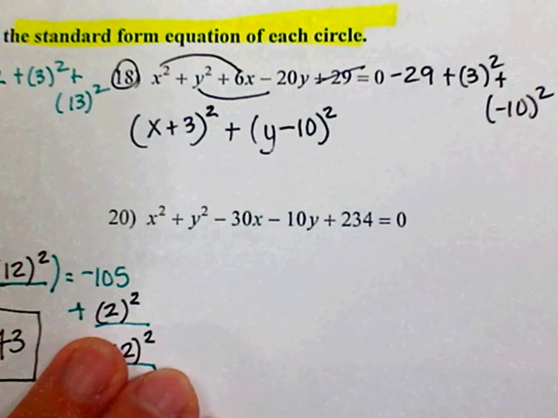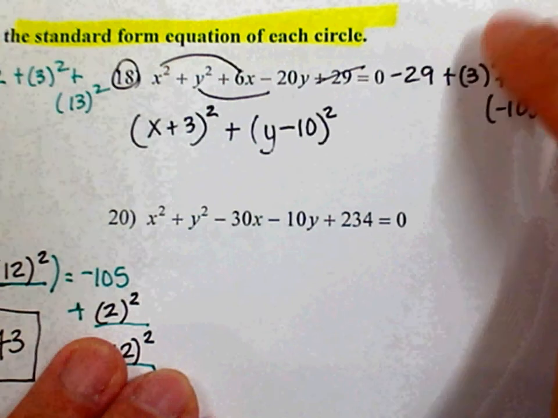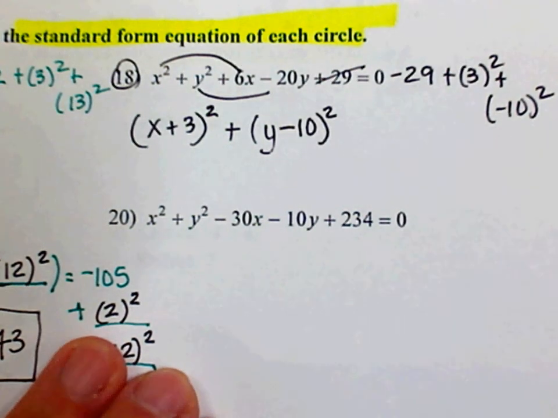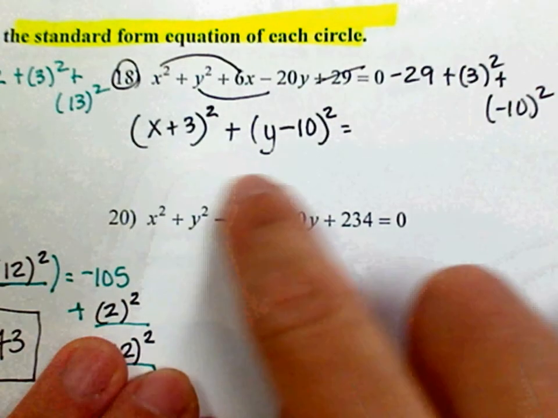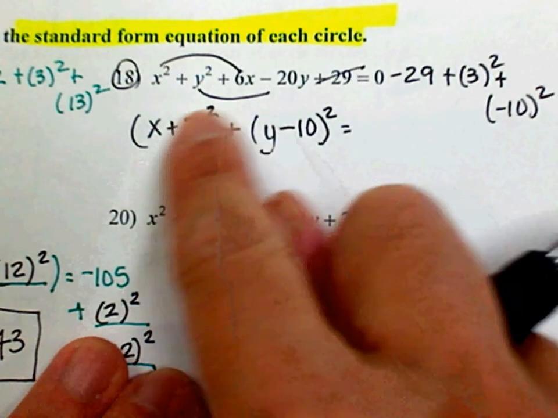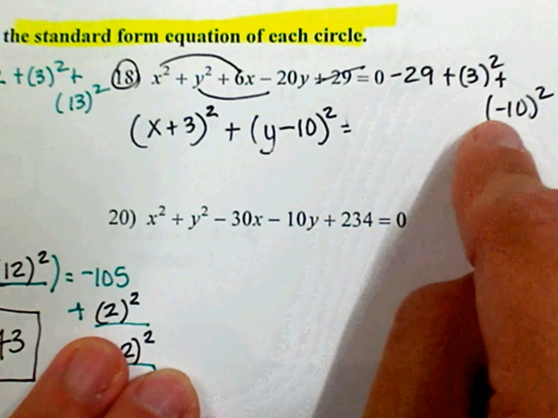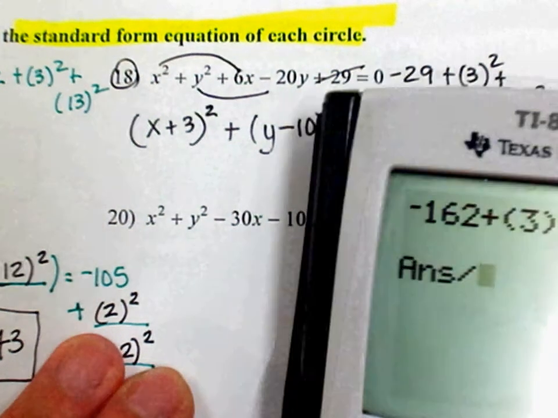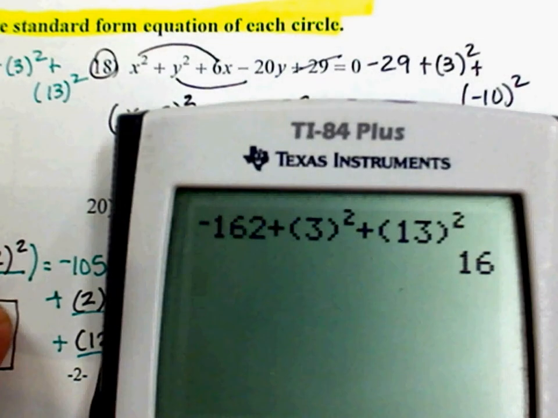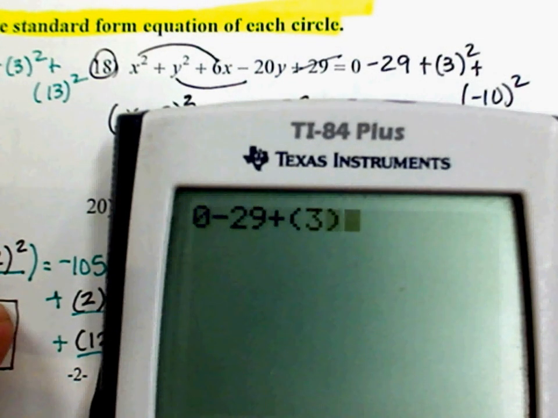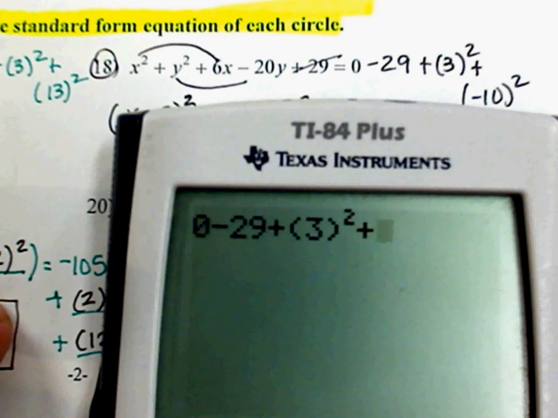Okay, everybody good? Do you have the first part of the center done? How are you going to get the r squared? You add it all together. You could even do zeros. 0 minus 29 plus 3 squared plus, what was the other one? Negative 10 squared. Put parentheses around them and you get 80.